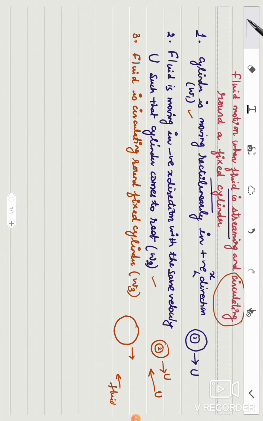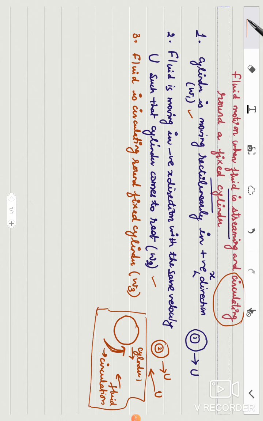This is the fluid, this is the cylinder, and this fluid is also circulating. This is third, circulation. Now you have to take the combination of all these three: first, second, and third.